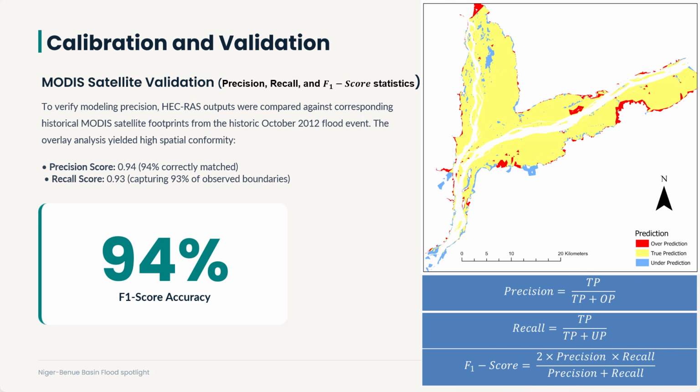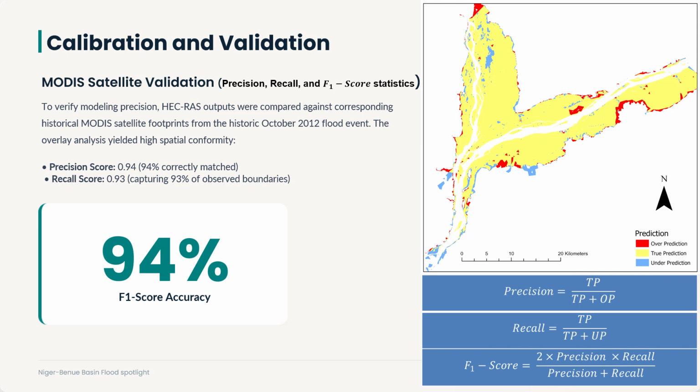The precision of 0.94 indicates that 94% of the area predicted as flooded was correctly observed as flooded, true positive, as shown in the map.